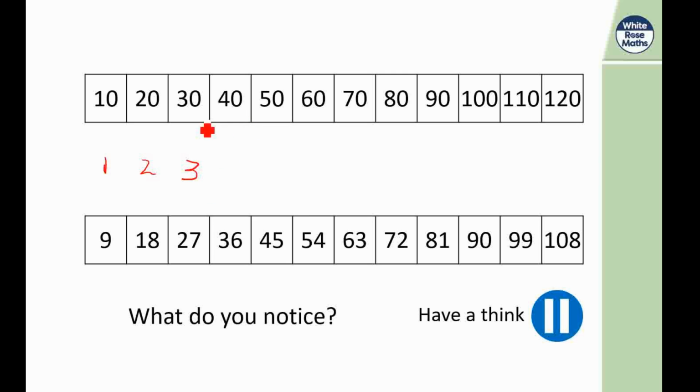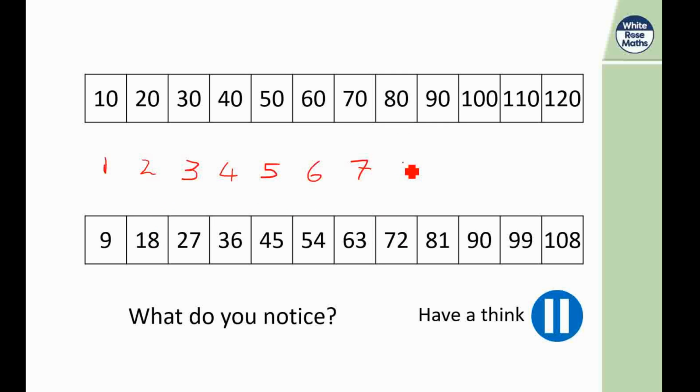The difference between the two numbers is always going up like this. In fact, it is the number you multiply them by. So 1 times 10 is 10, 1 times 9 is 9. 2 times 10 is 20, 2 times 9 is 18. So the number you multiply them by is the difference as well.